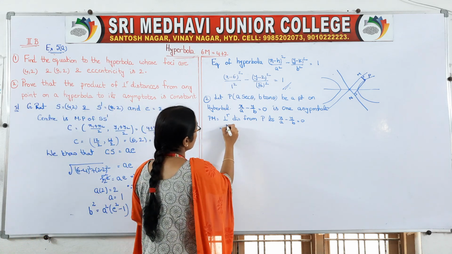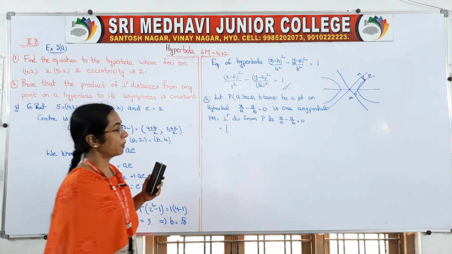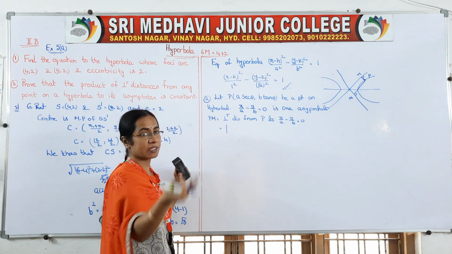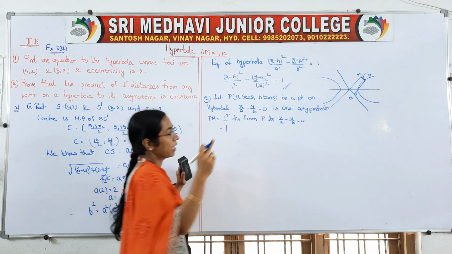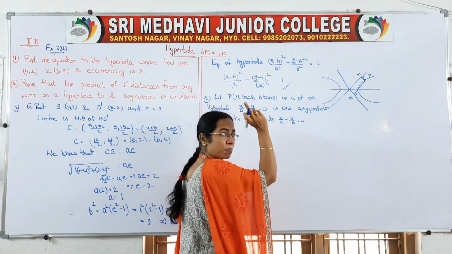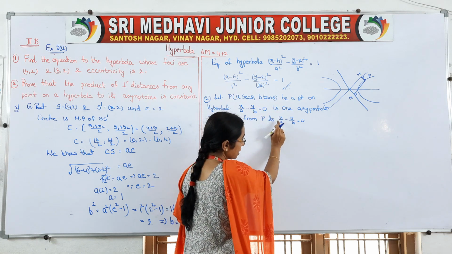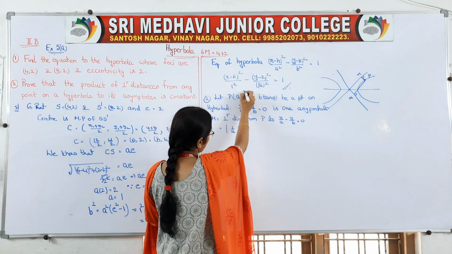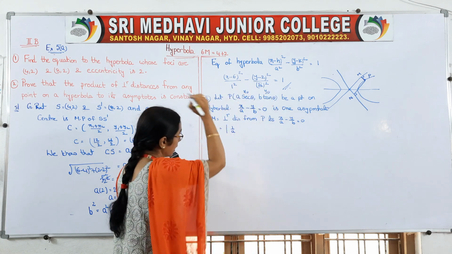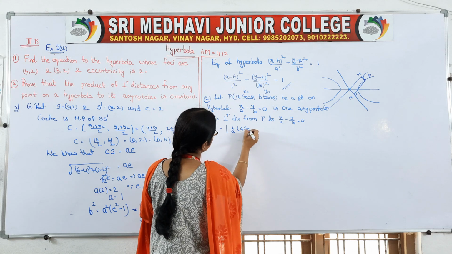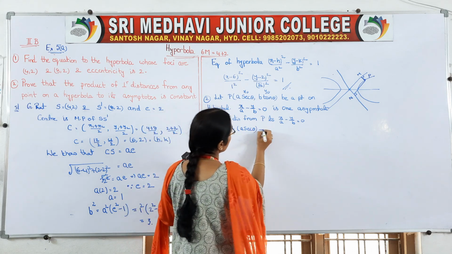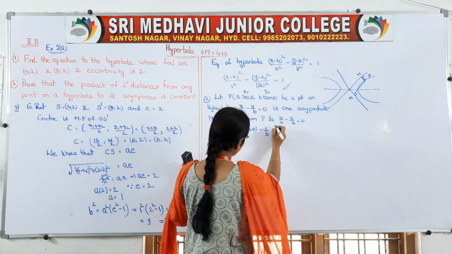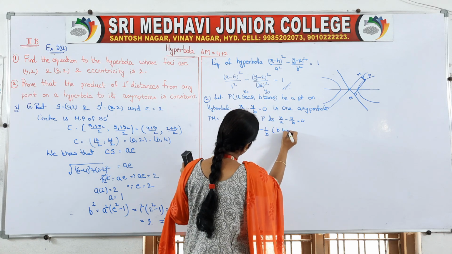You know how to find the length of the perpendicular. It is modulus of a x naught plus b y naught plus c by root of a square plus b square, where a is the x coefficient and b is the y coefficient. Here the x coefficient is 1 by a, so 1 by a into x naught, which is a secant theta. The y coefficient is minus 1 by b into y naught, which is b tan theta.